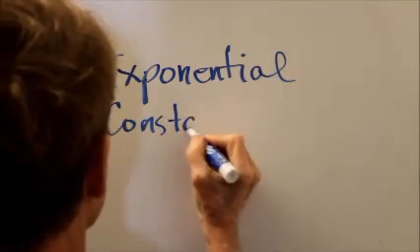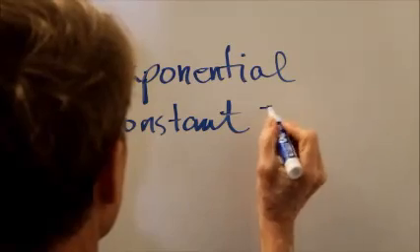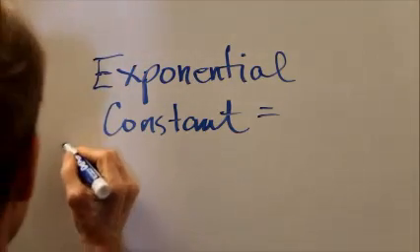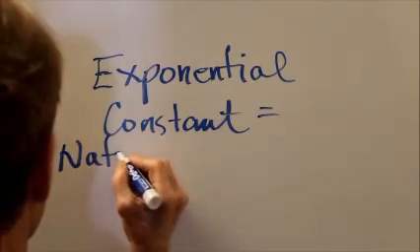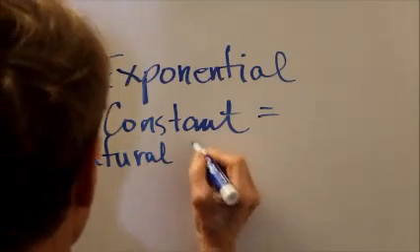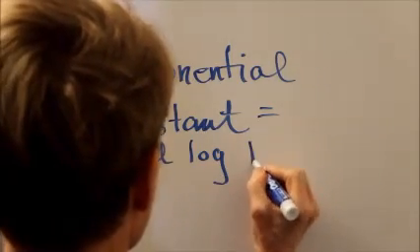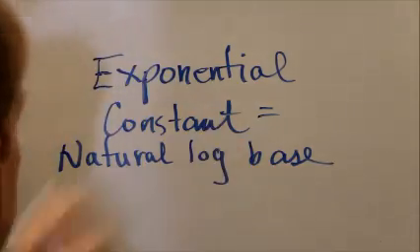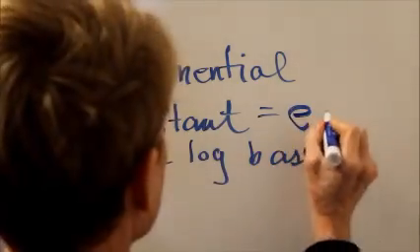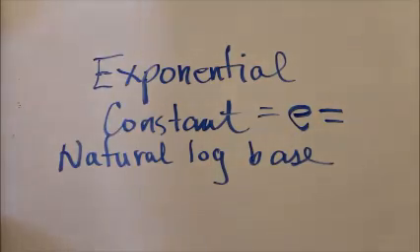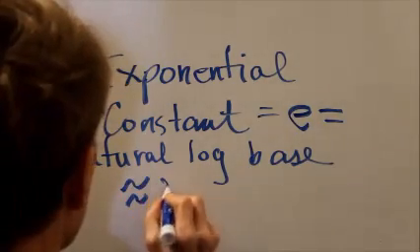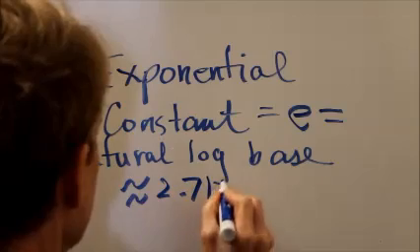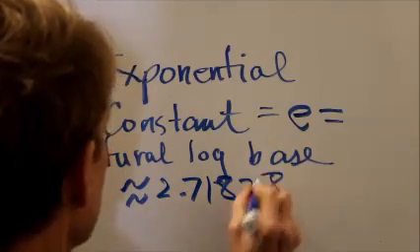Well, those are just two different ways of defining this exponential constant, which is also known as the natural logarithm base, and that number is called e, and it's roughly equal to 2.71828.